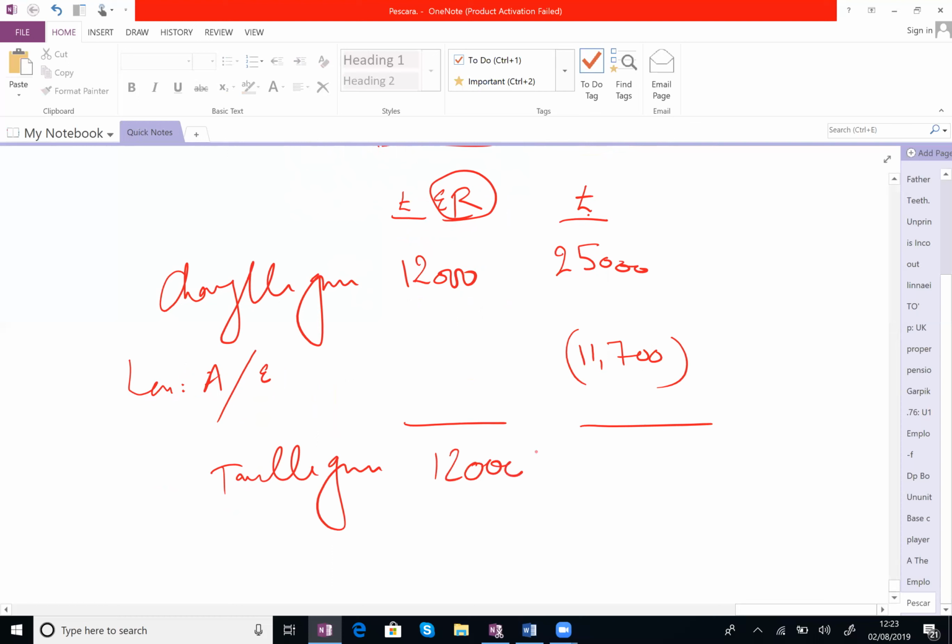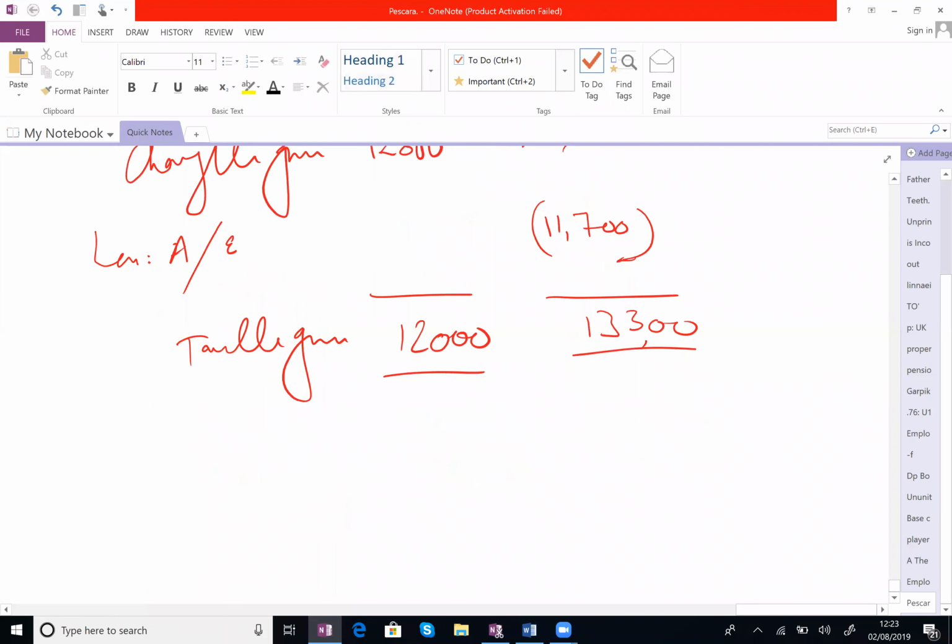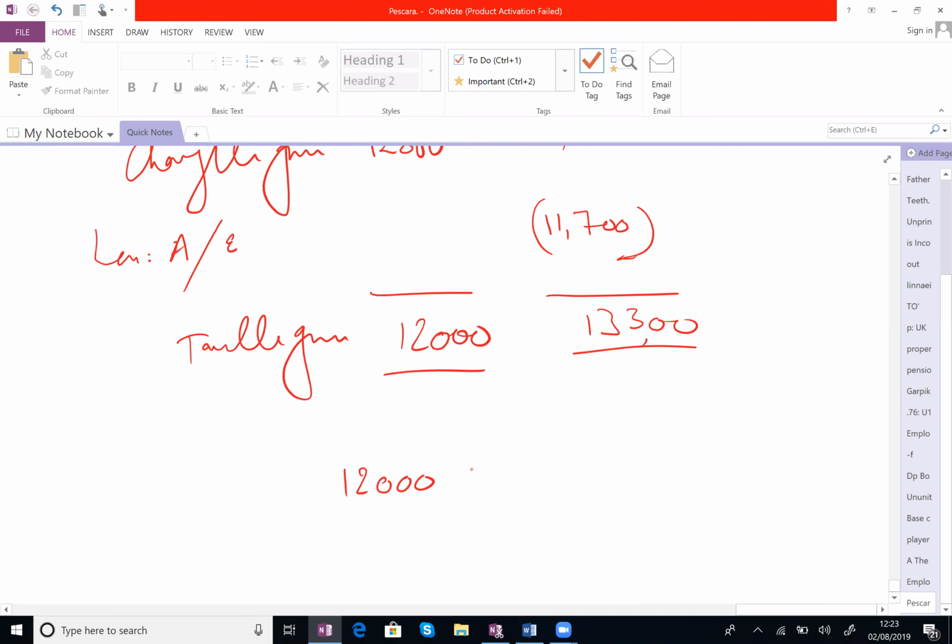12,000 entrepreneur relief gain, and the other gain is 25,000 minus 11,700, which is 13,300. Now, firstly, we will apply the flat rate of 10% on the entrepreneur relief gains, which is 1,200.